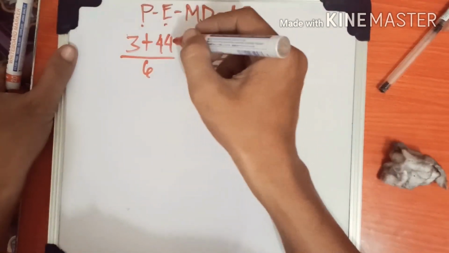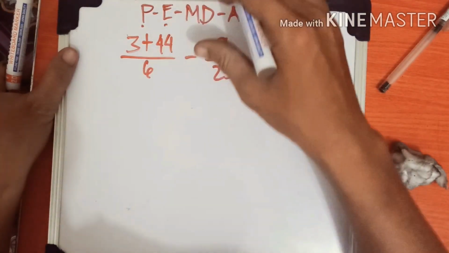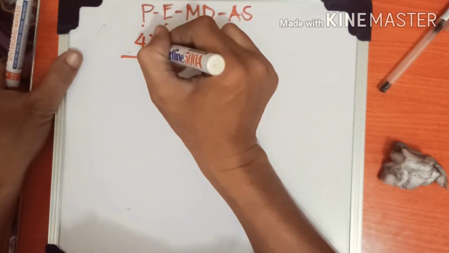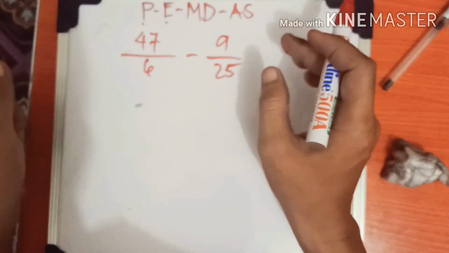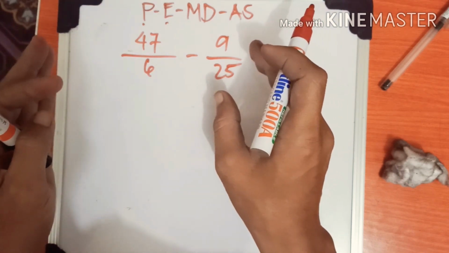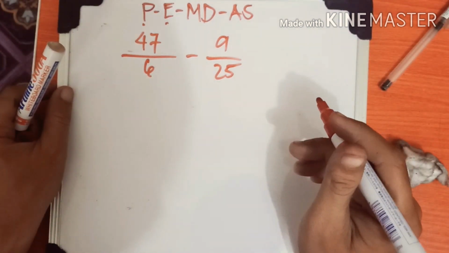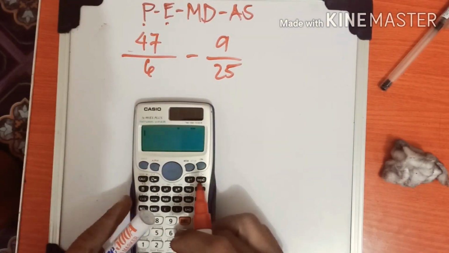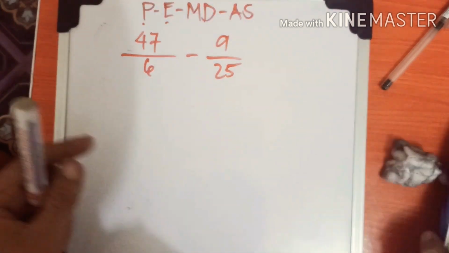Okay, so now we have to total this area. 3 plus 44, that is 47. So we can do the basic again, the same as what I did. So 6 times 25, that is 150.